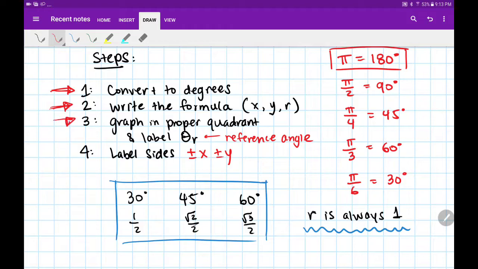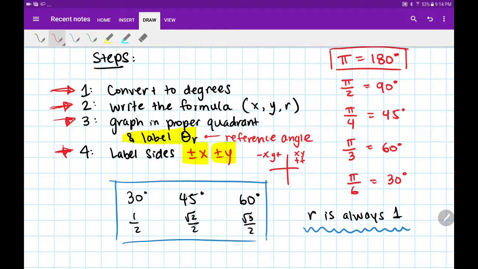Next, you're going to take your angle and graph it in the proper quadrant and label the reference angle. We'll go over this in detail in our examples. And then finally, we will label the sides, but watch out because x and y can be either positive or negative, depending on what quadrant you're in. In quadrant 1, they're both positive. In quadrant 2, x is negative, but y is positive.